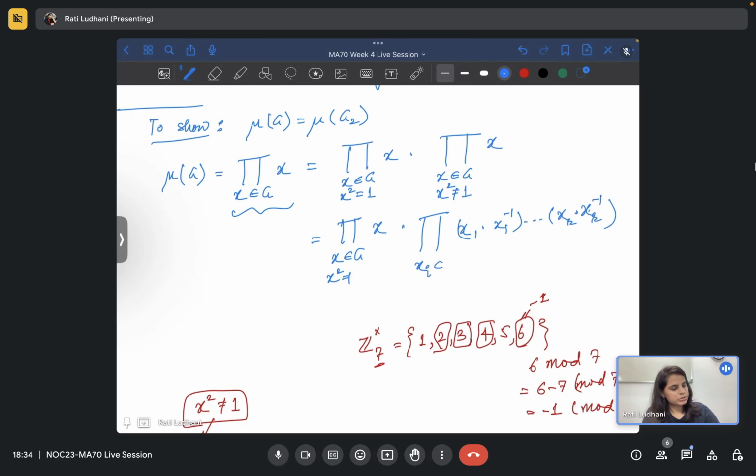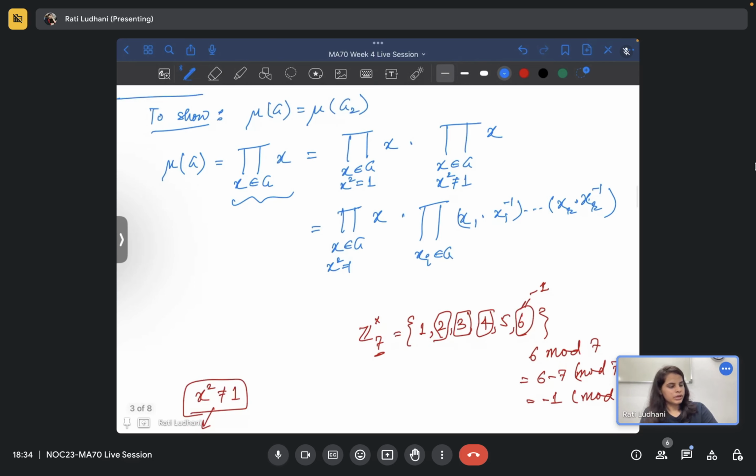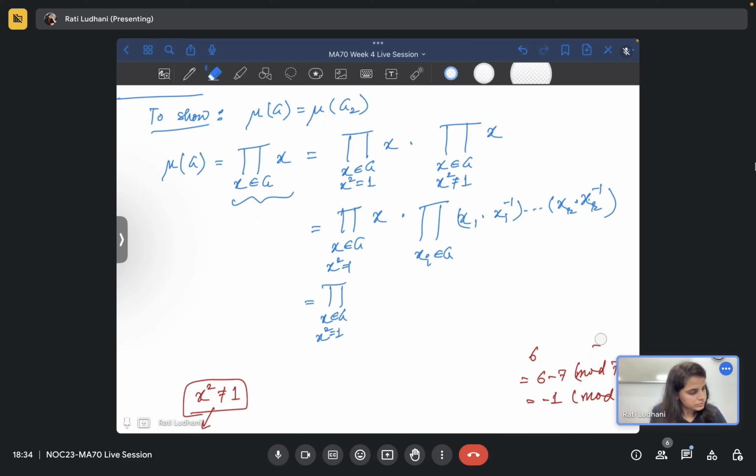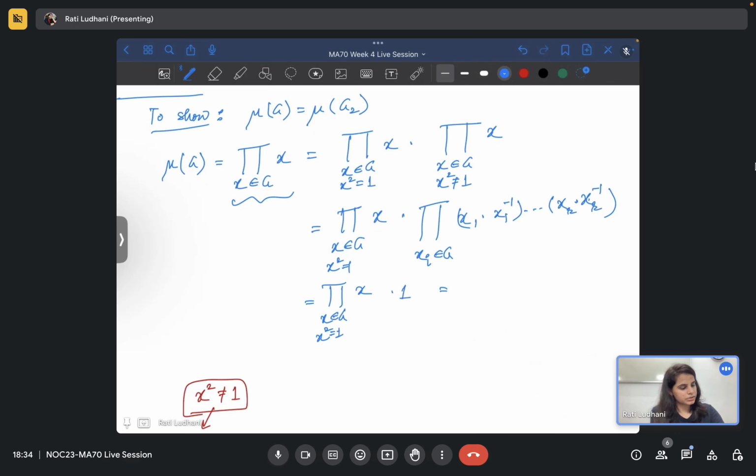These are not equal, so this is okay here, and from this part we get just 1, and we get that this is mu G2.